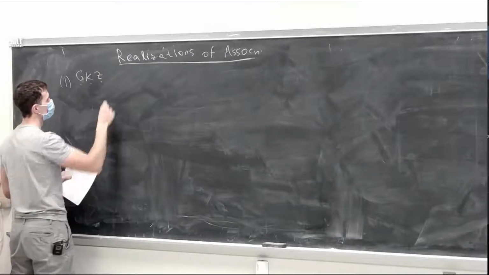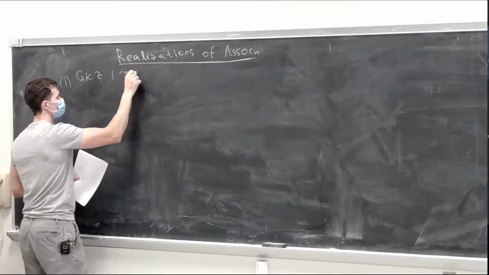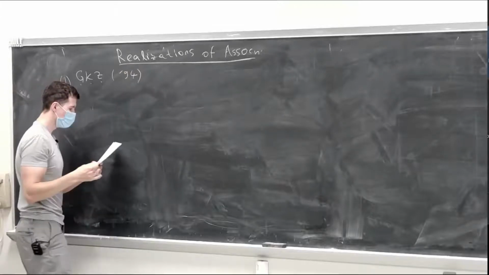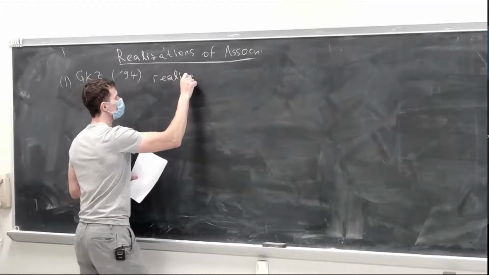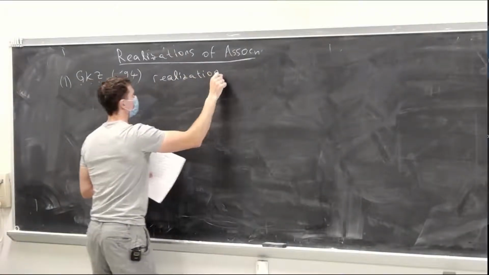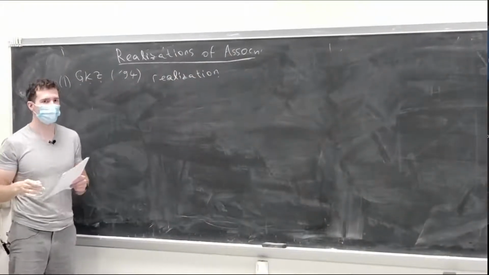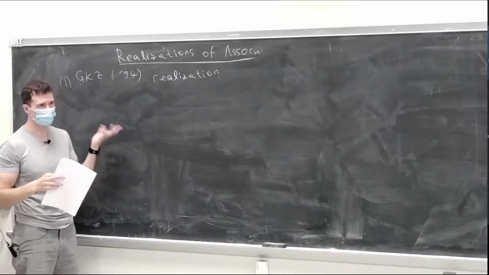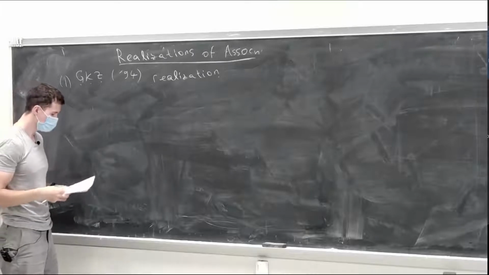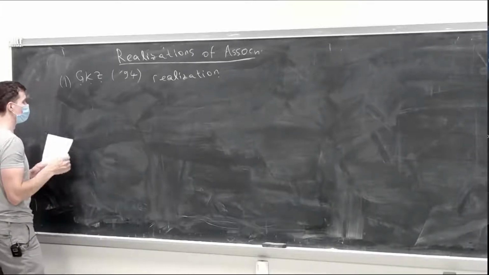Well, not too recent, maybe '94 or something like this. First of all, I think it's cool, and second of all, it's going to be related to the stuff we study later, which are secondary polytopes. So it's nice to see an example of a secondary polytope.